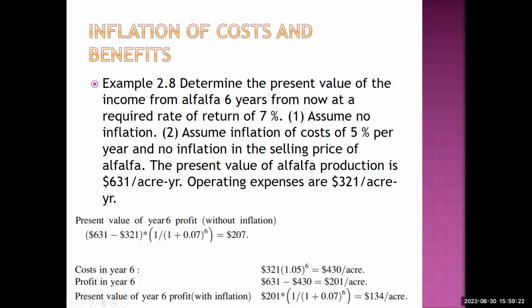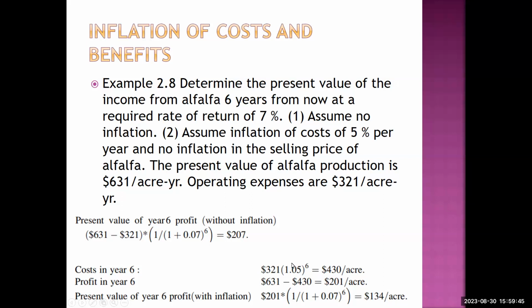So if we look at the 6th year value, then without inflation, it would be 631 minus 321, and then we would discount it for the 6 years at 7% interest rate. So the value would be $207.